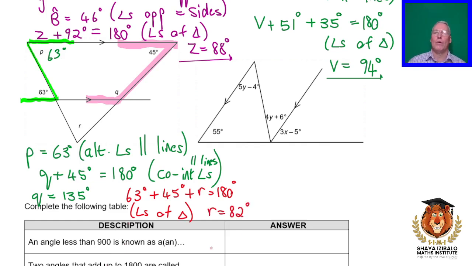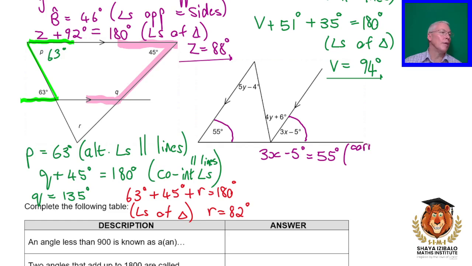Okay, right, the last one, looks quite juicy. Well, we know that this angle over here and this angle over here are corresponding angles. So we know that 3x minus 5 degrees is 55 degrees.